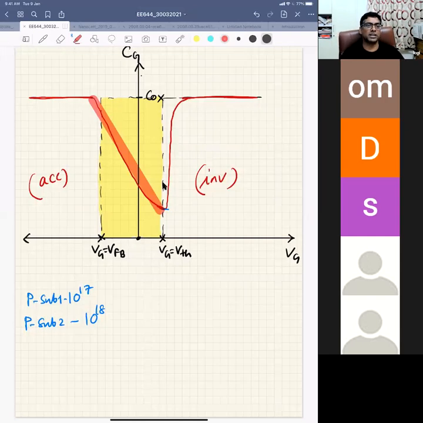I'm not going to tell it here. Going from accumulation to inversion, this is mostly because of the change in the depletion width, and your depletion width will change differently because of your different doping. So figure it out.